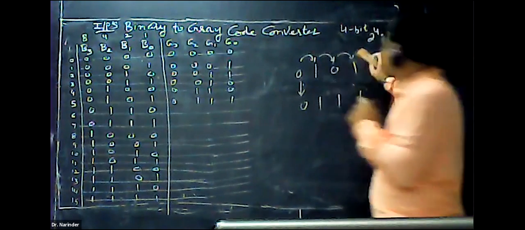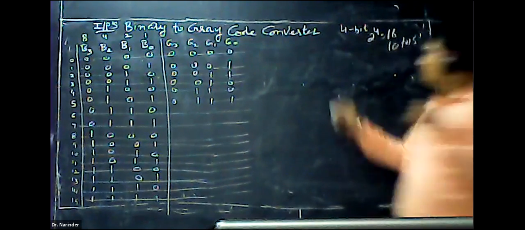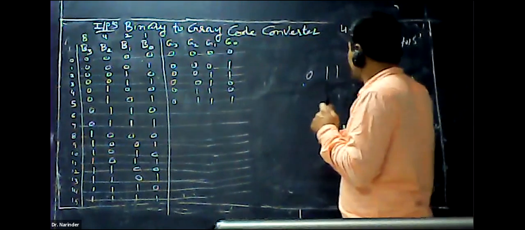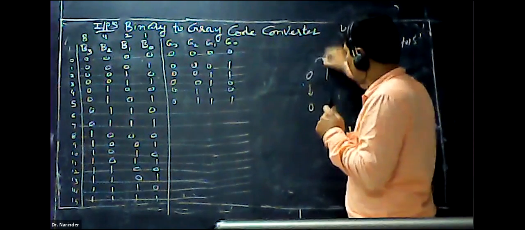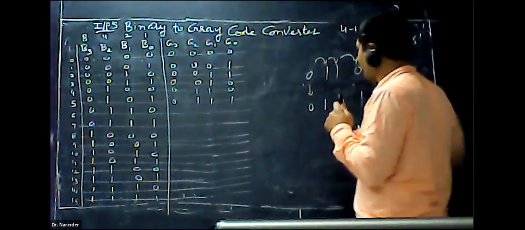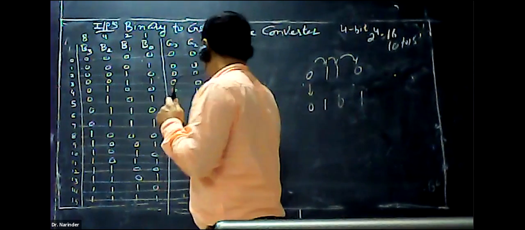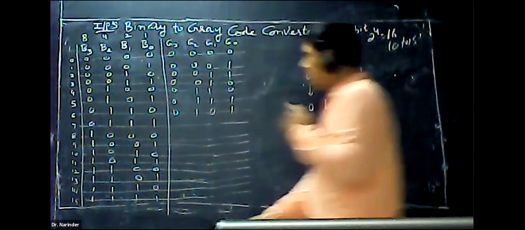Now go for 6. 0, 1, 1, 0. This is 0. 0 plus 1 is 1, 1 plus 1 is 0, 1 plus 0 is 1. So again, you will get 0, 1, 0, 1.